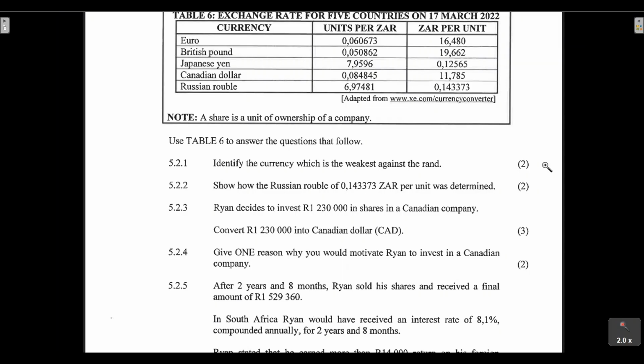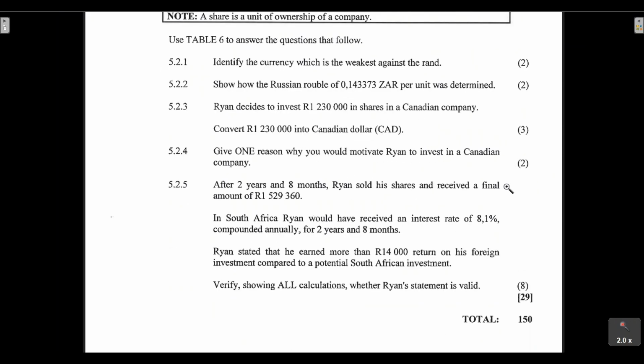Remember, when you deal with interest calculations, you don't really work with a particular formula, but you have to show the steps that you applied when calculating your interest. So please make sure that you watch the whole of this video tutorial to see how I approach question 5.2.5.